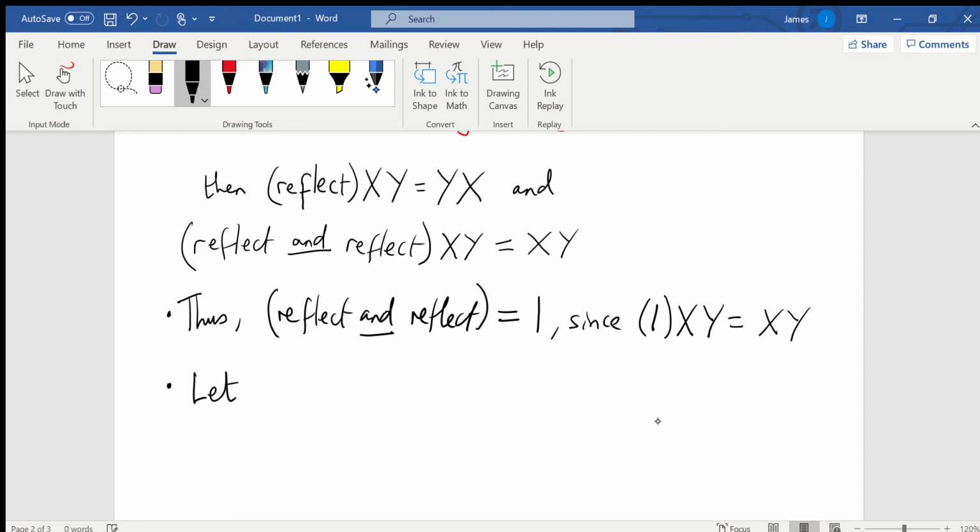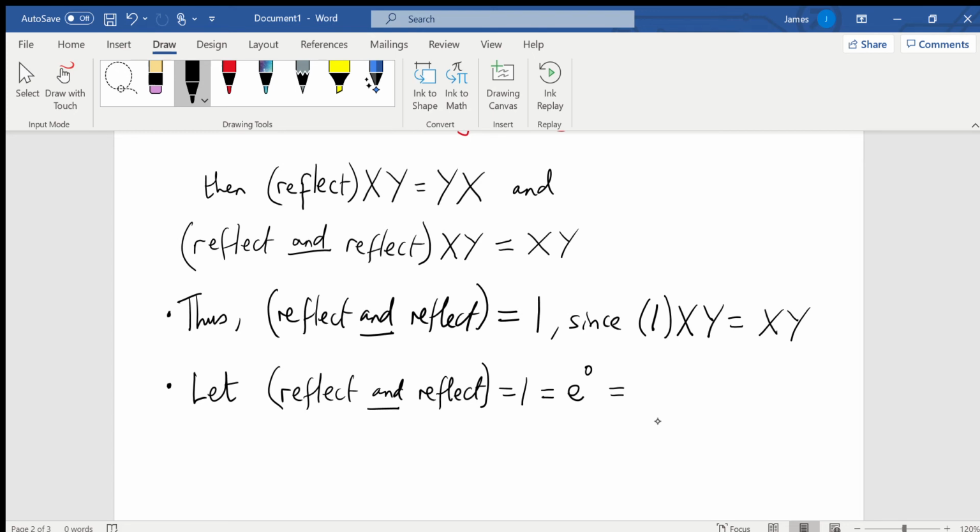So let that act of reflect and reflect be equal to 1. Well, anything to the power 0 is equal to 1, right? But I'm going to take the number e and have that to the power 0. So anything to the 0 is 1. I specifically want e to the 0 for reasons that we don't need to worry about here.